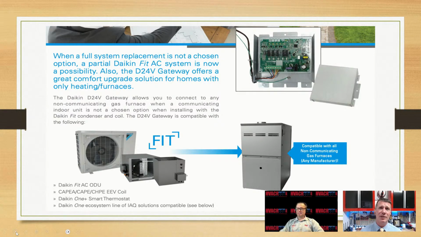It's the Daikin Fit. That's a 17 SEER inverter. Here's the interesting thing about it. They actually have a component called a gateway that would allow you to use that communicating outdoor unit. And remember, my coil has an electronic expansion valve in it, so it's going to be communicating as well, like a communicating thermostat, but I can actually hook that up to a non-communicating gas furnace.